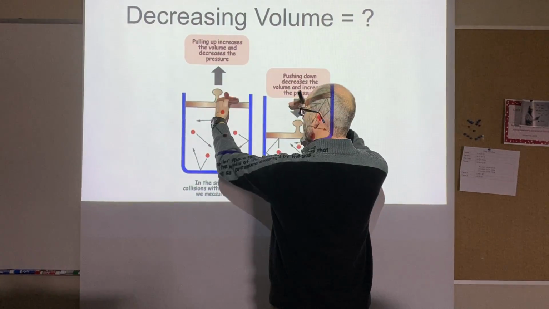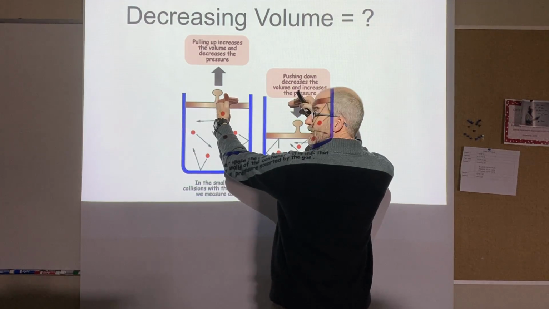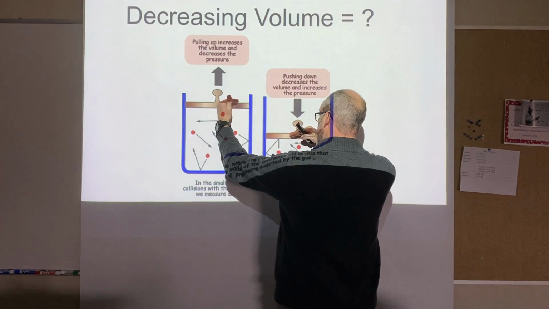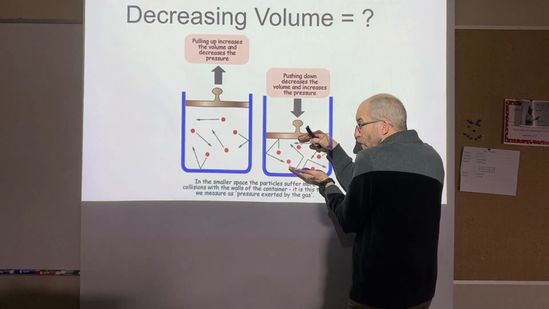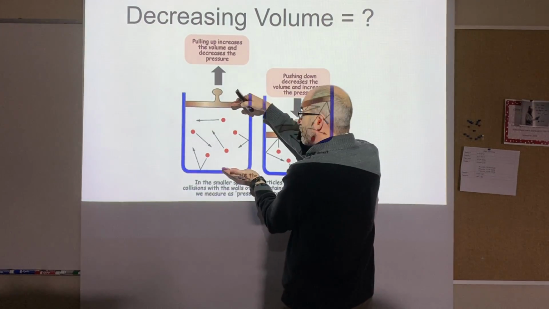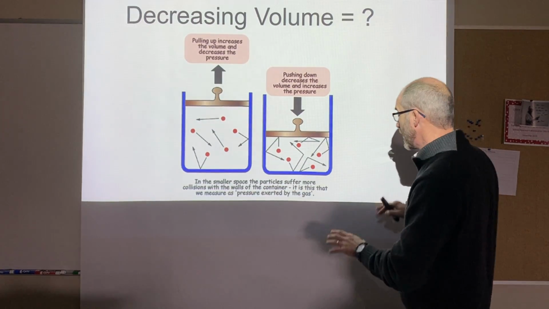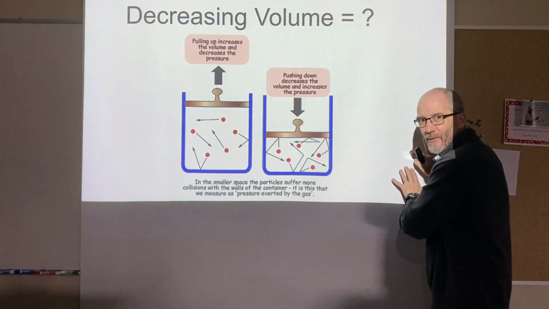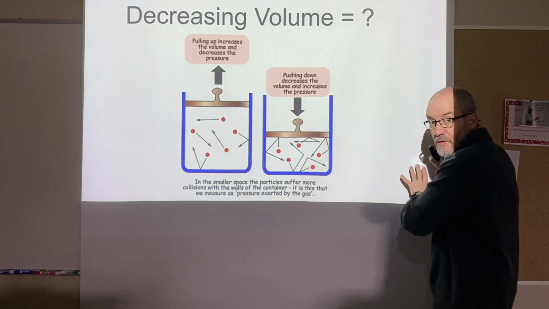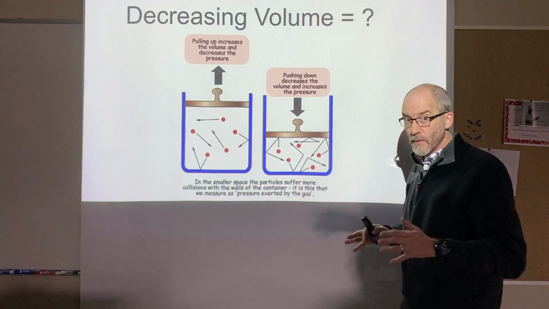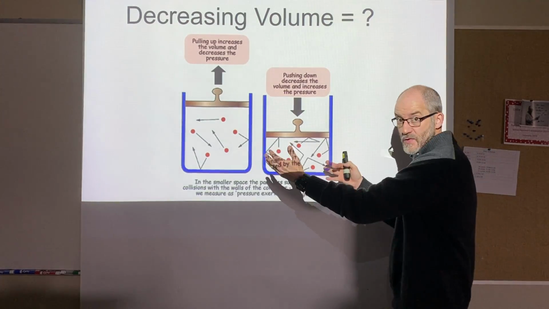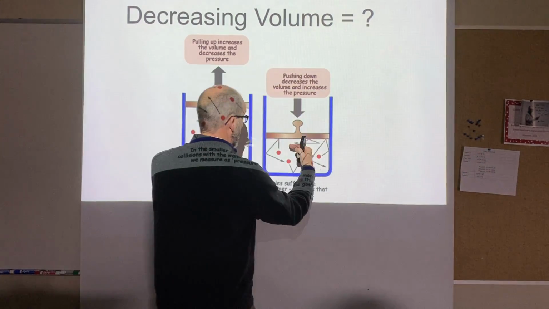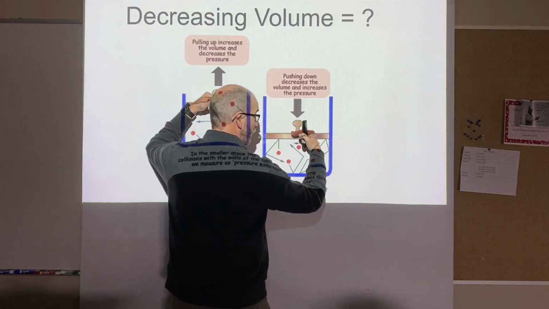But all of a sudden, I push this one down, so I decrease the volume. Now let's also assume that I don't change the temperature, and I don't change the atmospheric pressure. Remember, I want an apples to apples comparison. So all I'm doing, same volume, is decreasing the volume.